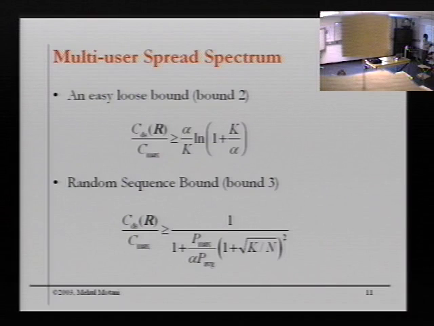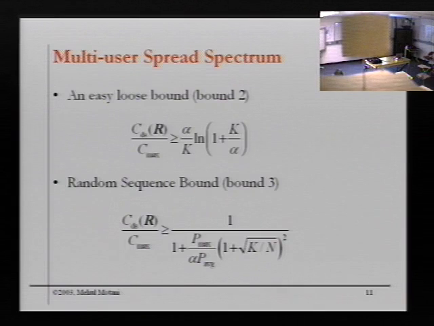You have multiple users, and each user has a limit on maximum information rate, and that leads to a region. And the boundary of this region is the analog of the capacity, the number that we had in the single user case. What we're going to consider is one point on that boundary, namely the sum capacity, meaning the sum of all the users' rates. Okay, so that's what I mean here.